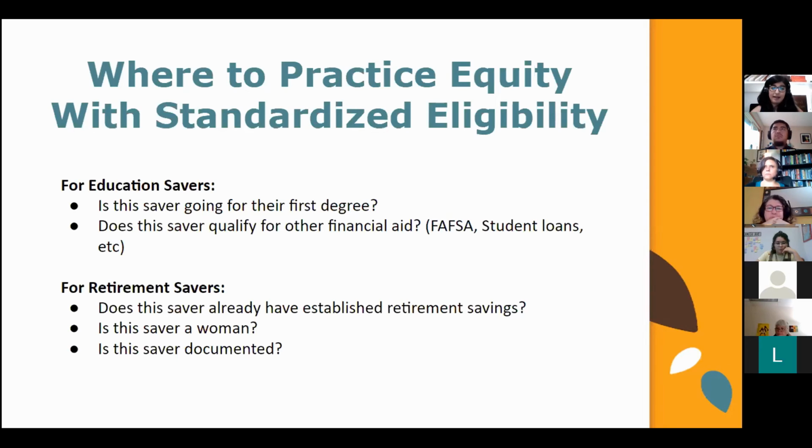We do now have some state aid to assist those who don't, but there's just a lot more barriers in actually being able to pay and afford college if you don't have it. And so that was another consideration that I put in: if somebody is applying for the IDA program and they're a student and they don't have financial aid, or they don't have documentation to get financial aid, they should be prioritized, because realistically, the odds of them getting aid to pay for school is not very high.